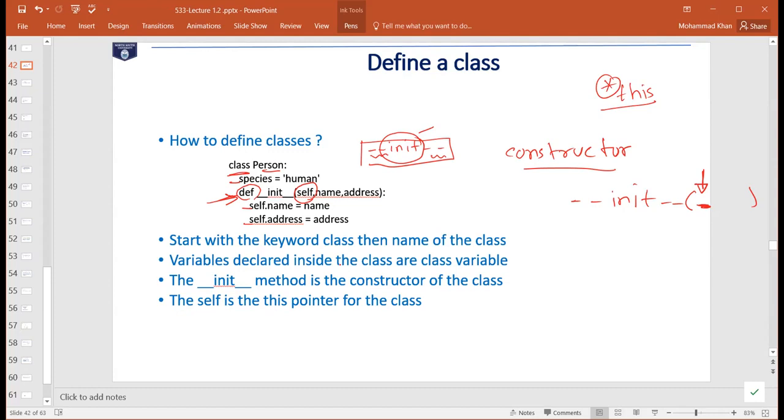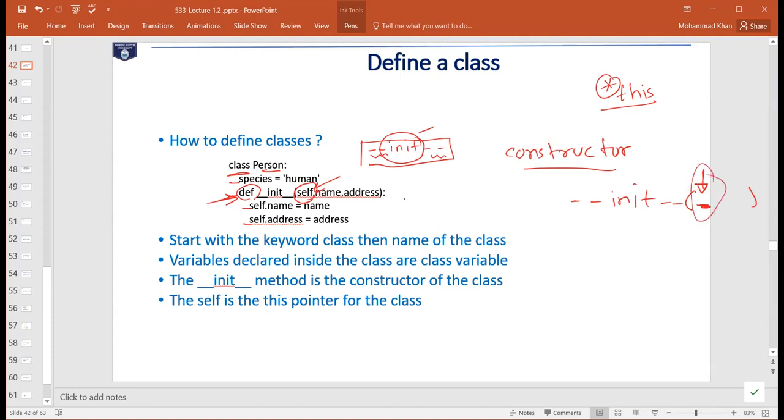Now in Python, there is no this keyword, and there is not even a self keyword. Basically self is an agreed upon name among all the programmers, but what Python cares about is the first argument.